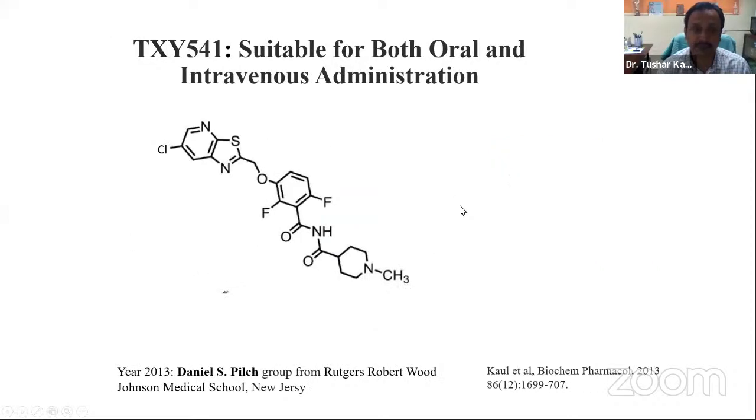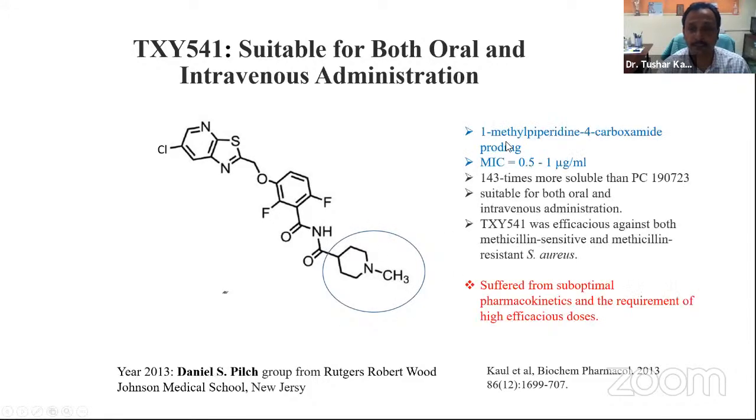Then the same group also did another modification, that is 1-methylpiperidine. They added this group here, and what they found is that this is even much better than the previous molecule. Solubility-wise, it is 143 times more soluble, and it was suitable for both oral and intravenous administration.